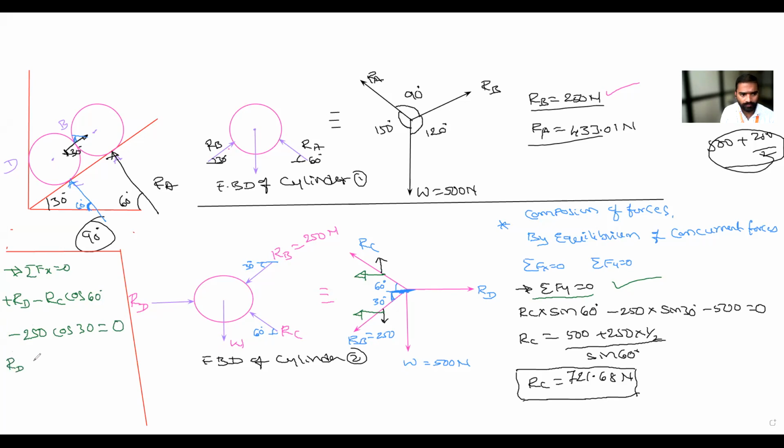RD is equal to, I will transfer this 250 cos 30 to the other side. I will transfer this also, plus RC. What is the value of RC? RC cos 60. So how much is 250 cos 30? √3 by 2, plus RC. 721.68 divided by cos 60 is how much? 1 by 2, correct?